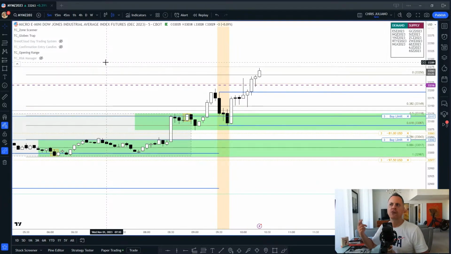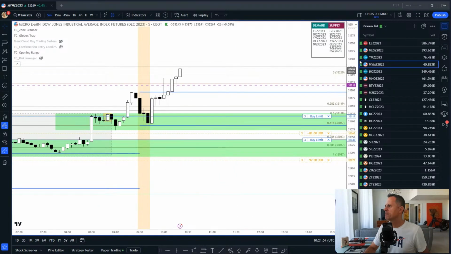You can engage those confirmation entry candles and start looking for patterns on the lower time frame to climb out. We've got a process for everything.